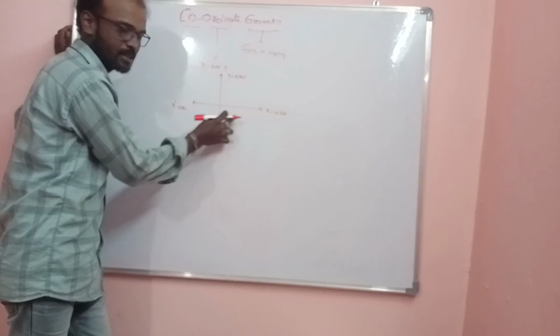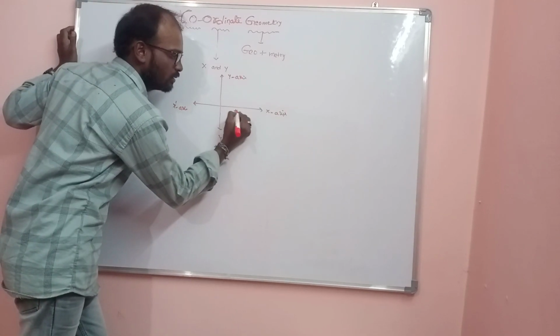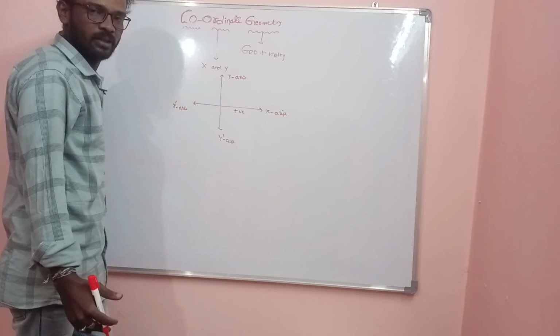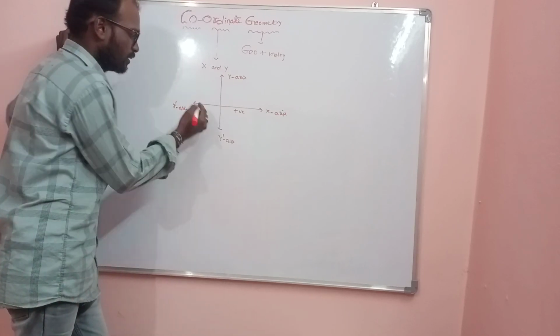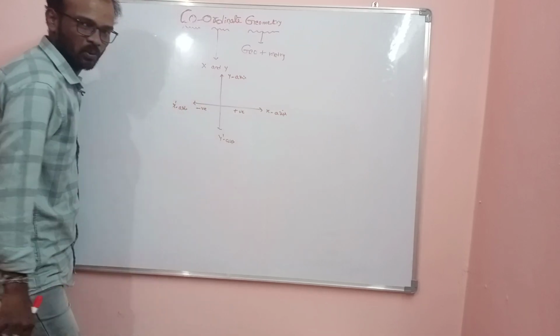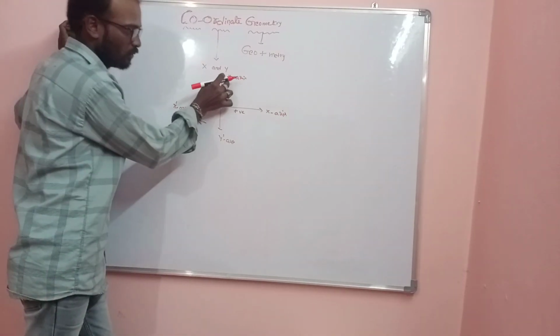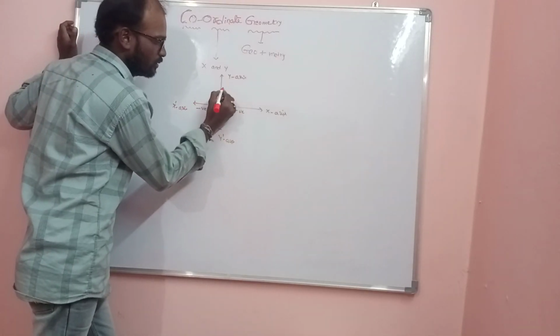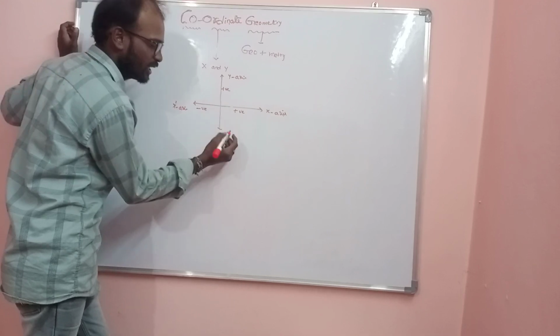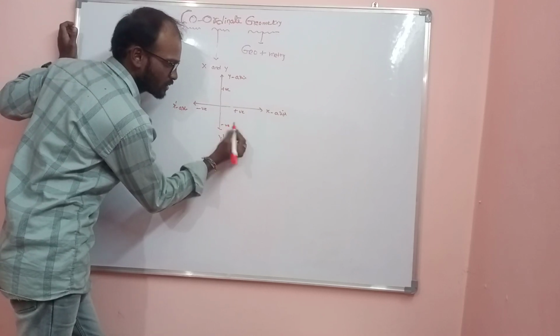On the x-axis, we always take positive values like 1, 2, 3, 4, 5, 6, 7. On the x dash axis, we take all negative values. On the y-axis, we take positive values, and on the y dash axis, we take the negative values.